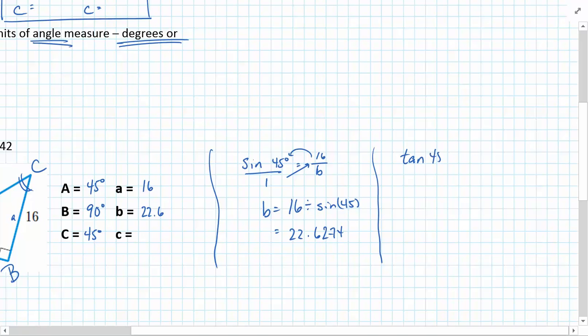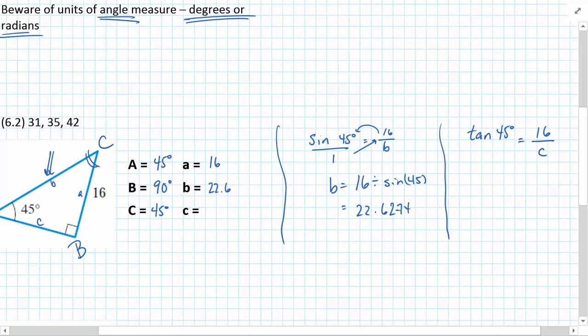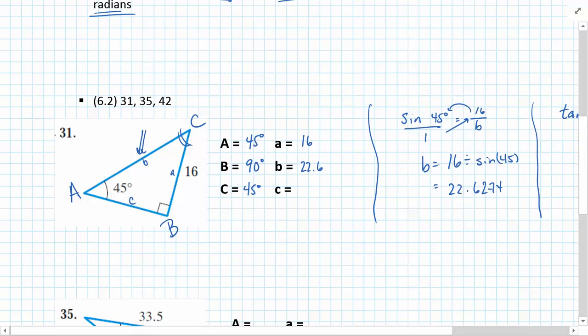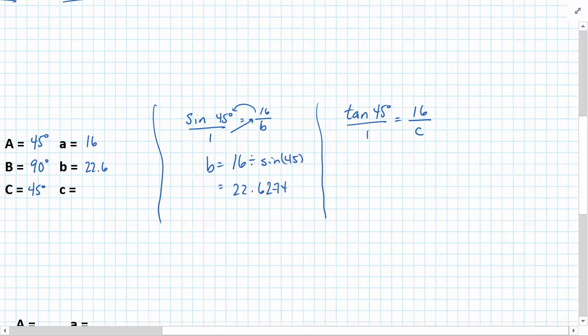So tangent of 45 degrees must be equal to the opposite side length, 16, divided by C. When I set up the proportion, then C must be equal to 16 divided by tangent of 45.